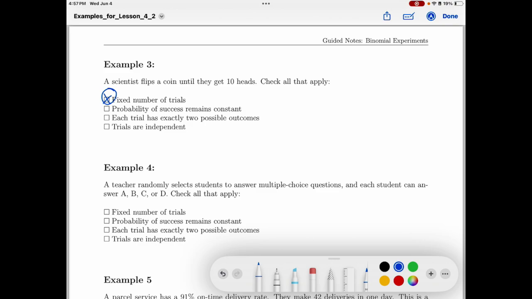They don't say we're going to flip it 20 times and see how many times we get heads. They're saying they're going to keep flipping it until they get 10 heads. So it's an unknown or fluid situation where the number of trials is not fixed. So this is not a binomial experiment.